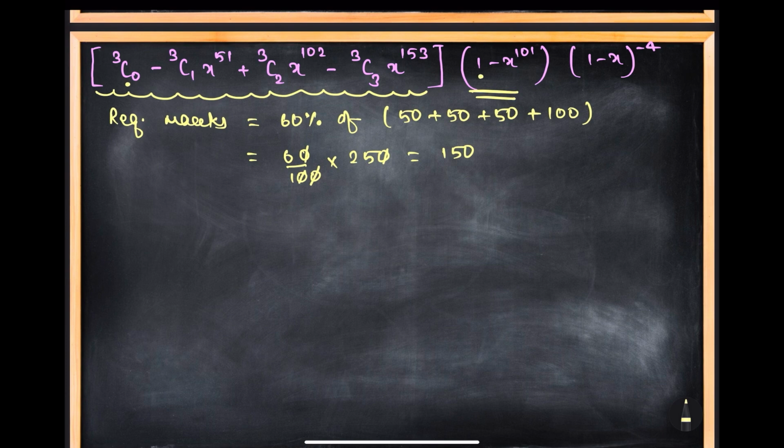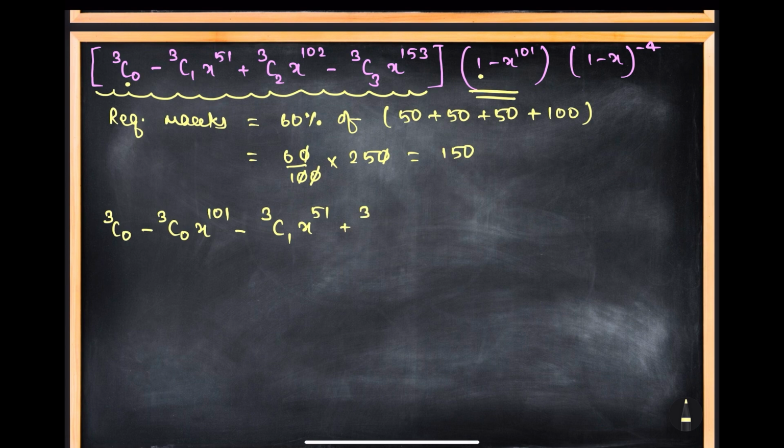Okay, so it is 3c0 minus 3c0 x power 101, then it is 51, so minus 3c1 x power 51, and then it will be multiplied with minus of x power 101, so it will become 152, so reject.